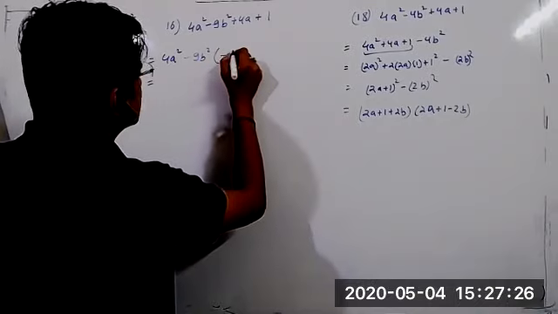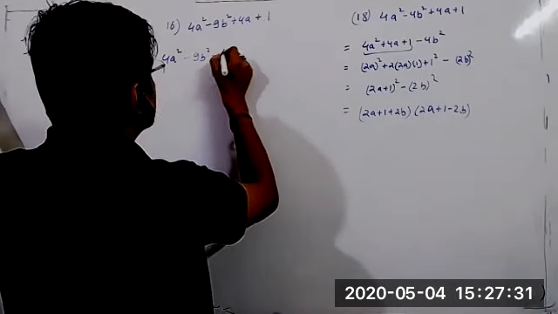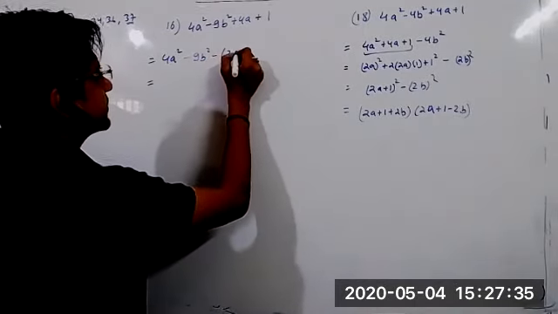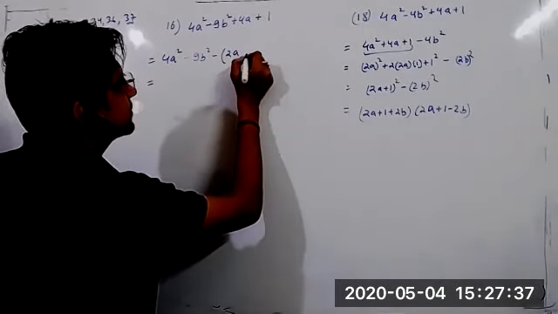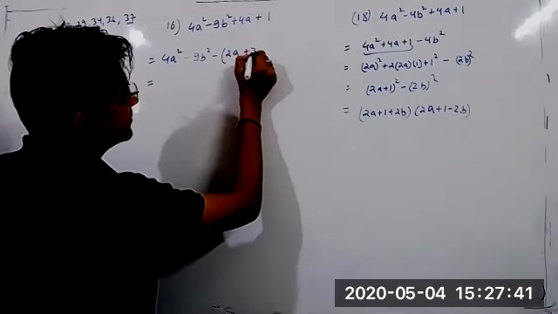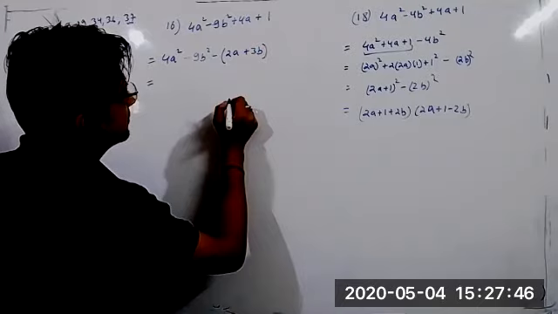Minus, so minus out, minus out. Bracket 2a plus 3b. So then we can factorize.